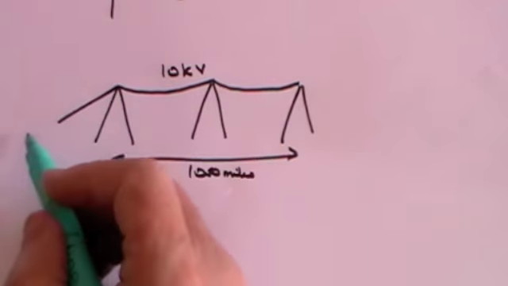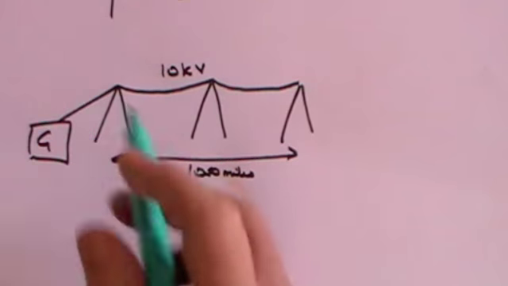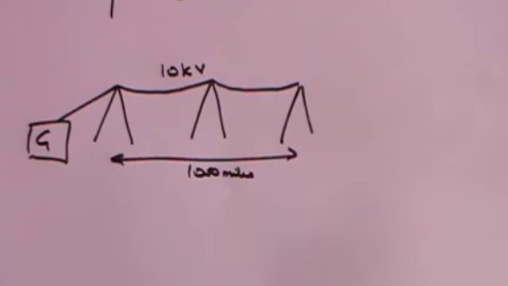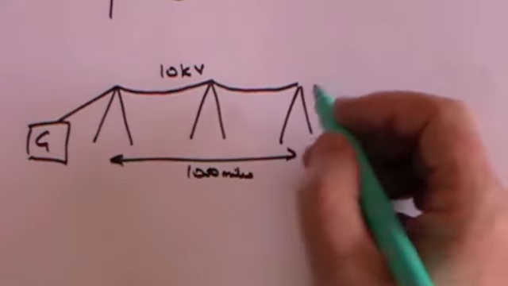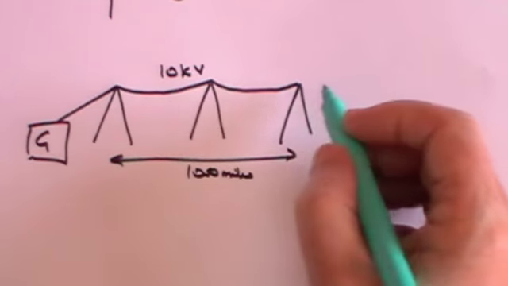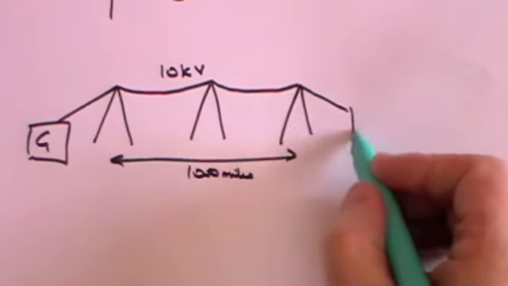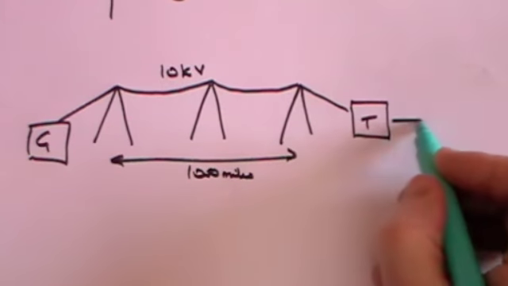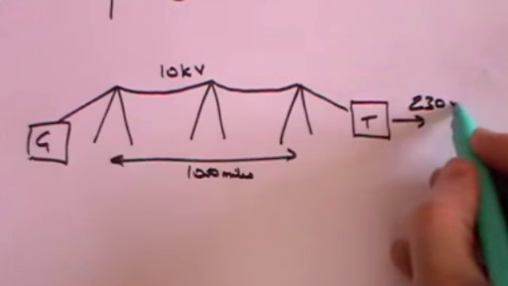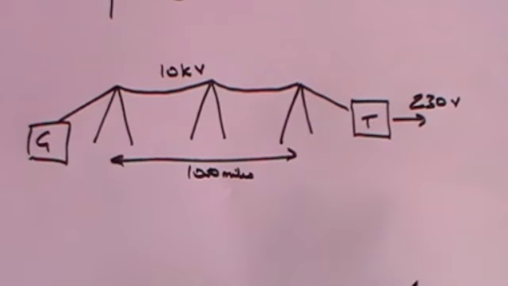So here's our electrical generator, which is what we started this video with, the loop of wire which spins in a magnetic field and generates an EMF and an associated current. And here, when we get to the end of our 100-mile journey, we need to go to a transformer, which we've just spoken about, which produces 230 volts for the UK domestic market.